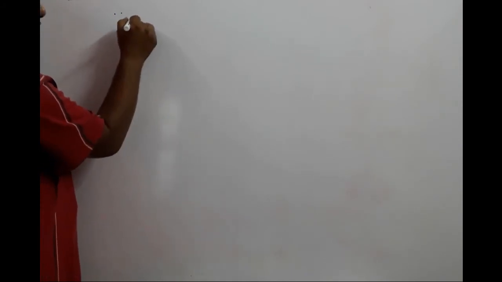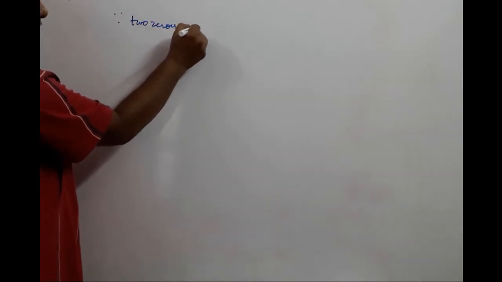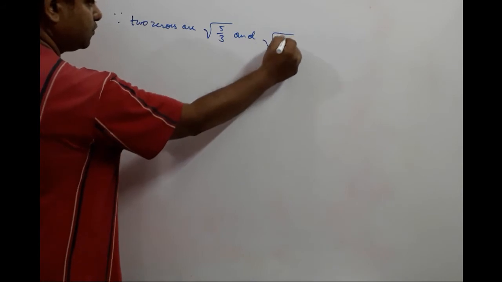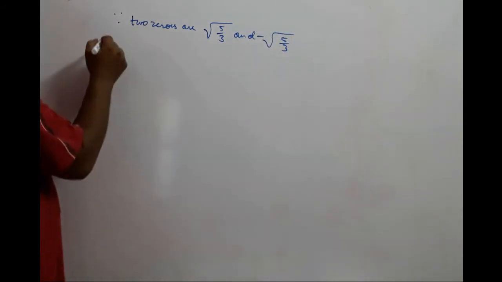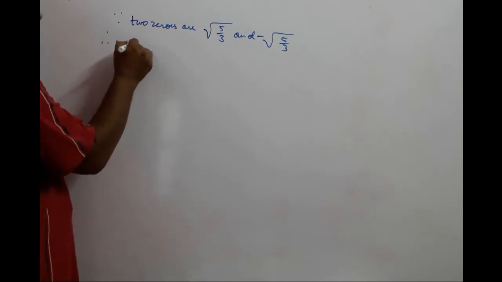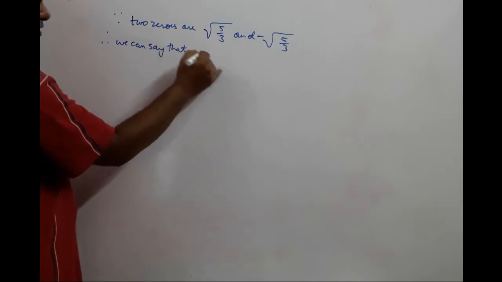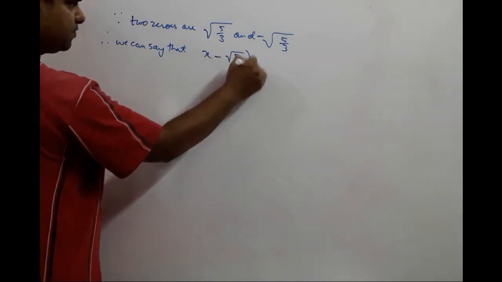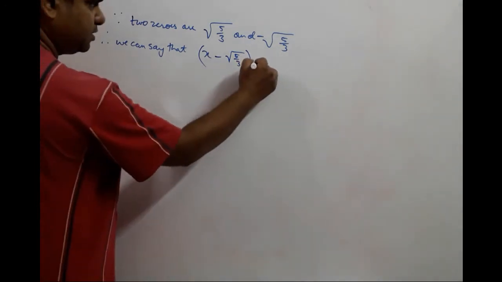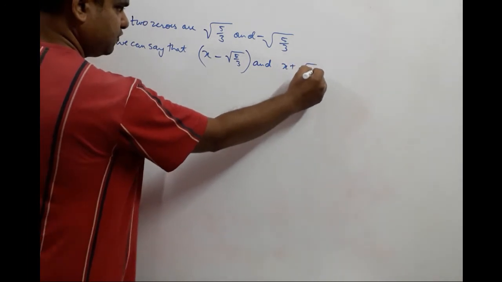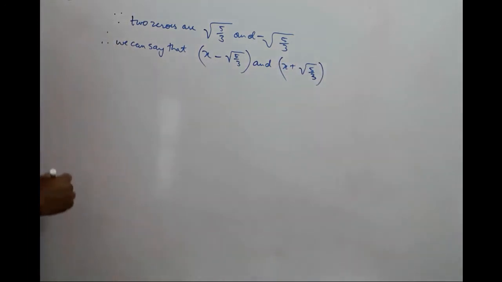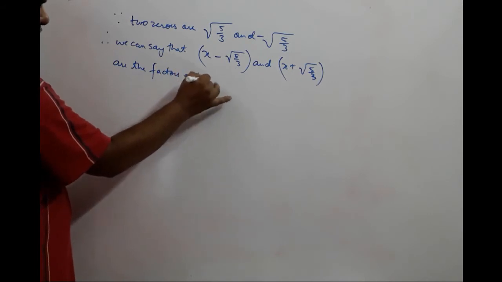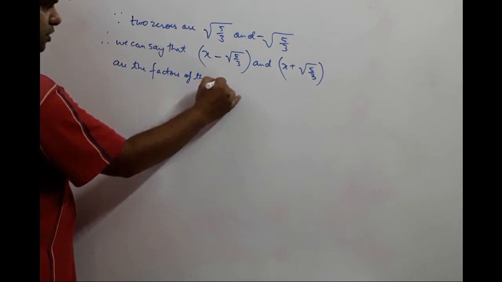Since 2 zeros are square root of 5 upon 3 and minus square root of 5 upon 3, therefore we can say that x minus square root of 5 upon 3 and x plus square root of 5 upon 3 are the factors of the polynomial.